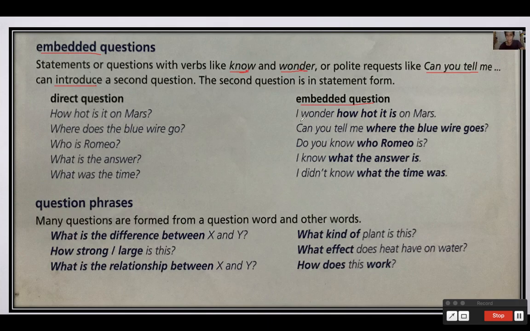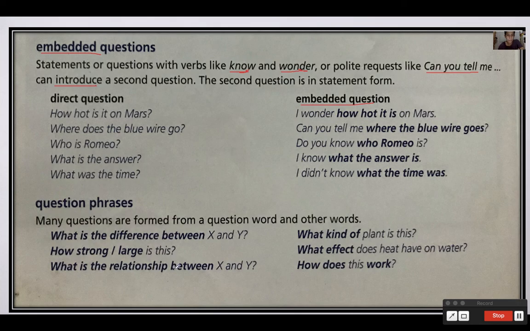So to make embedded questions, you must use these words over here. Question phrases. What is a question phrase? Many questions are formed from a question word and other words. For example, what is the difference between X and Y? What kind of plant is this? How strong or how large is this?